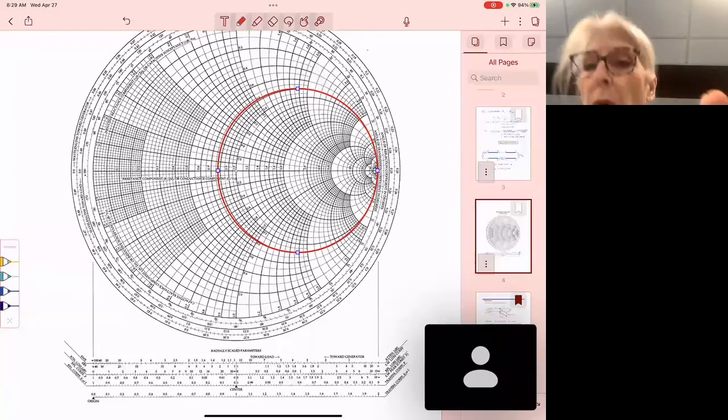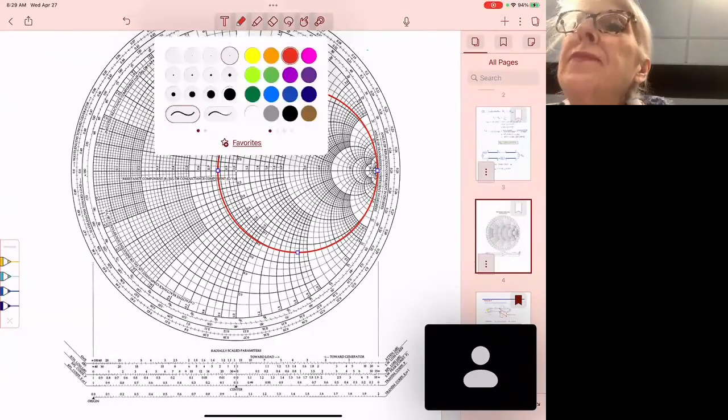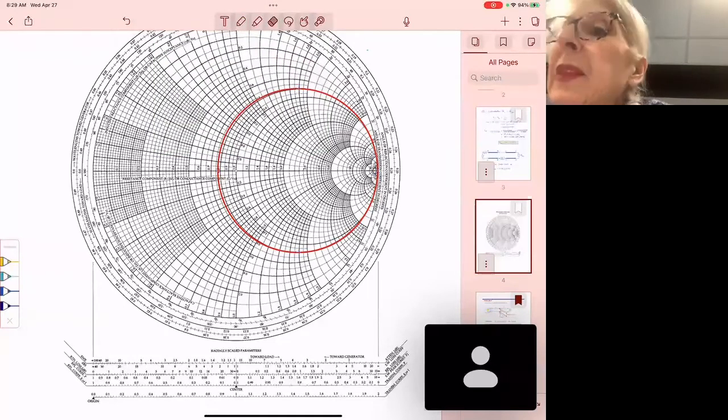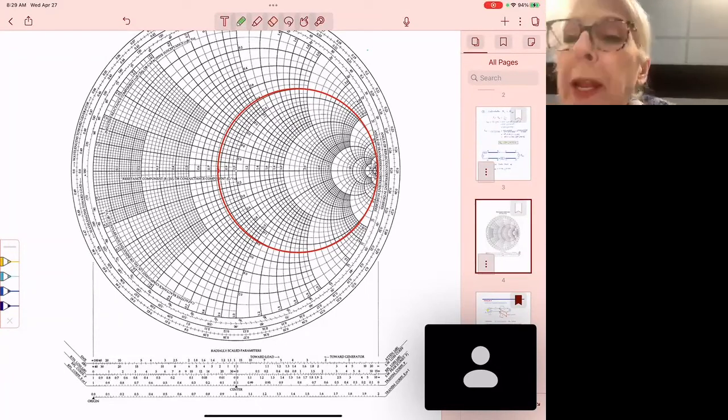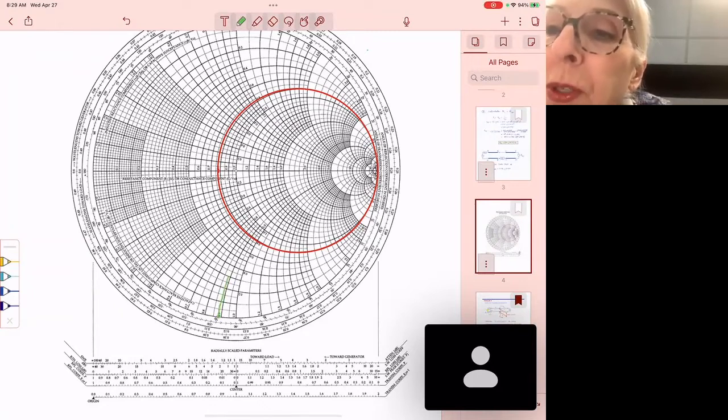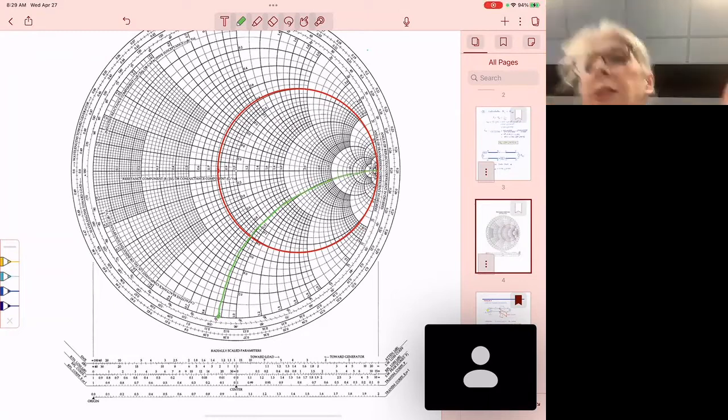In fact, the Smith chart is very forgiving in terms of making small mistakes like that. So I will start from here and draw that here. You have to be a little more careful because I will not be able to draw this whole circle.